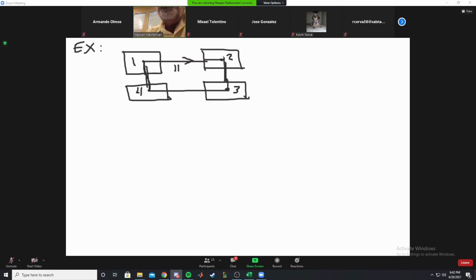If you go from 2 to 1, it takes you 10 minutes. If you go from 2 to 3, it takes you 7 minutes. If you go from 3 to 2, it takes you 5 minutes.